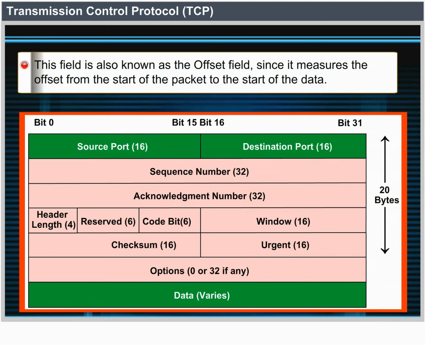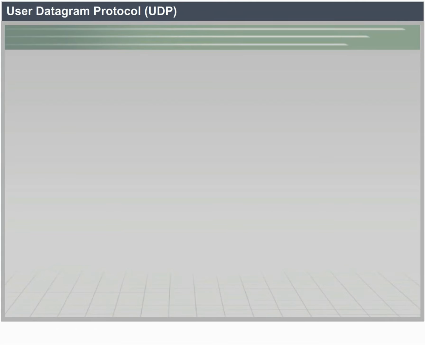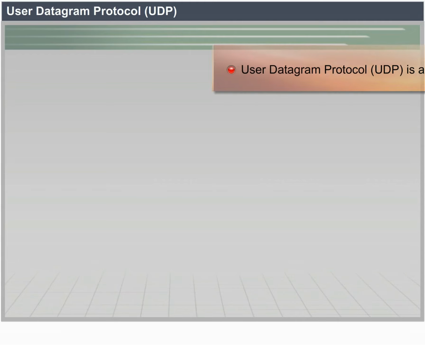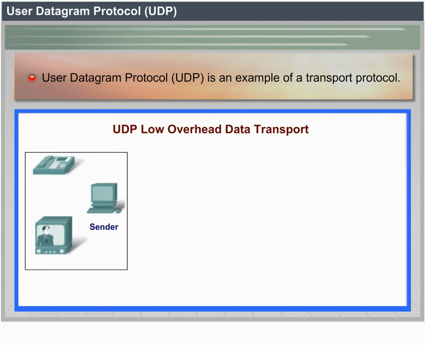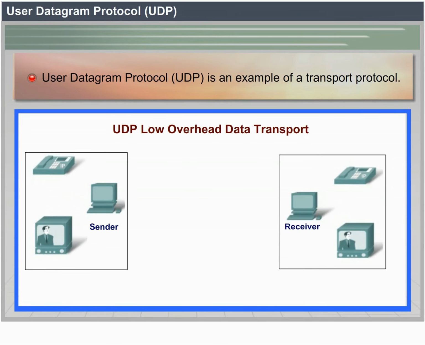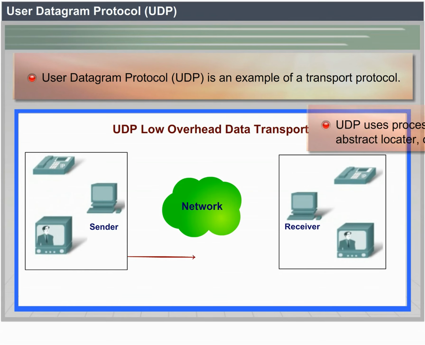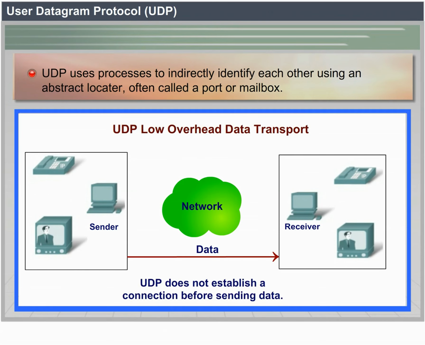User Datagram Protocol (UDP) is an example of a transport protocol. UDP uses processes to indirectly identify each other using an abstract locator, often called a port or mailbox.